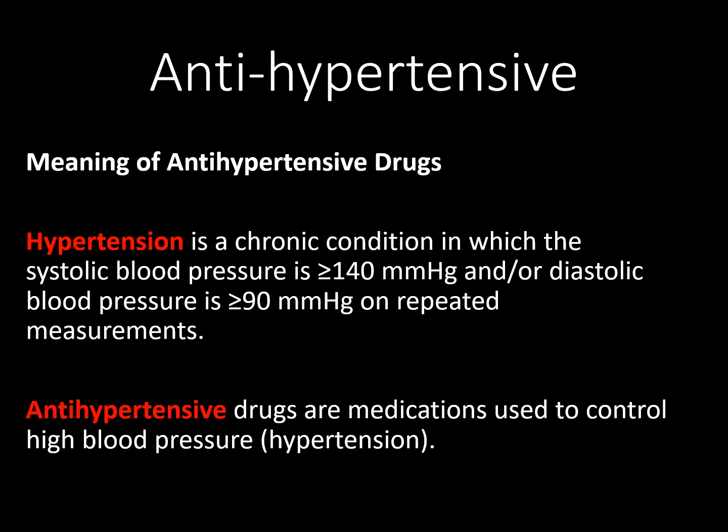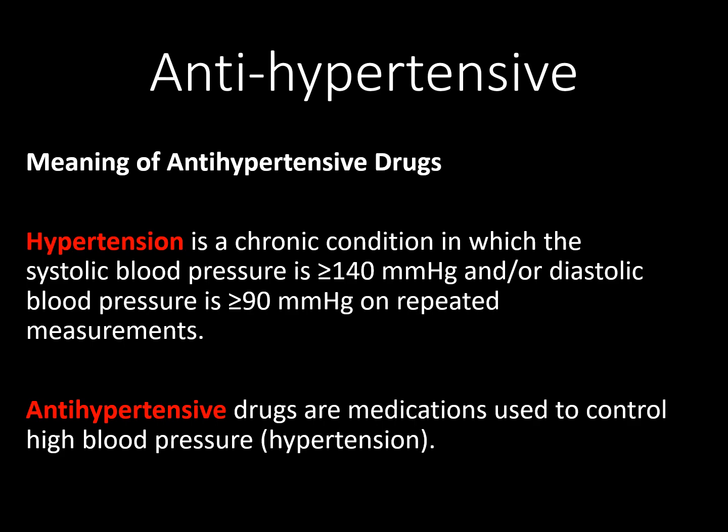Hypertension is a chronic condition in which the systolic blood pressure is greater than or equal to 140 millimeters of mercury and the diastolic blood pressure is greater than or equal to 90 millimeters of mercury on repeated measurements, meaning these values are recorded frequently according to hospital protocols.